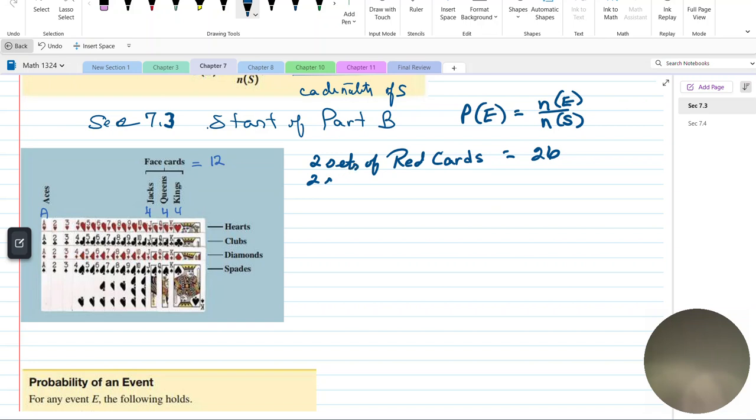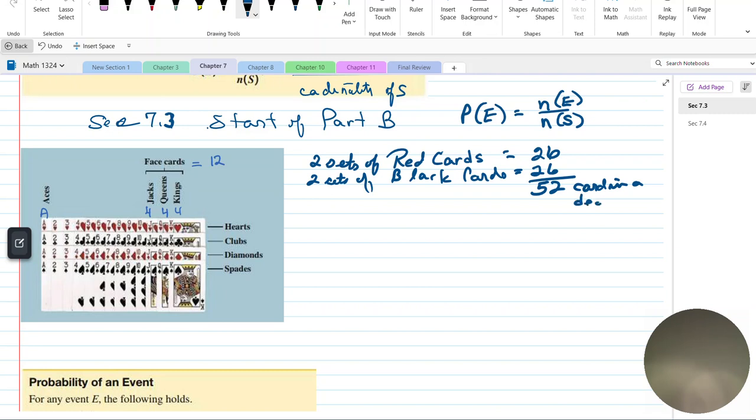Two sets of black cards, and they add up to 26. So our total sample is 52 cards in a deck.